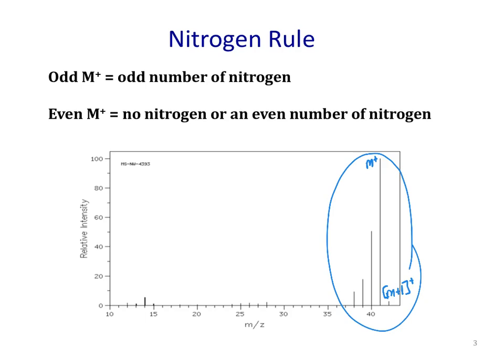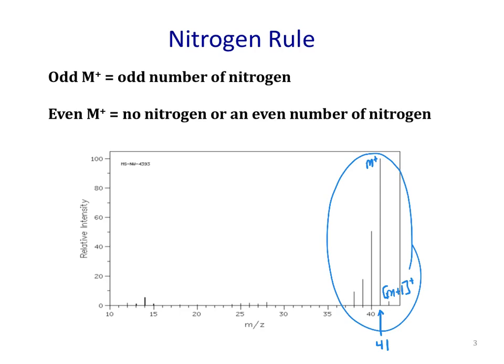Now what we can see is that the molecular ion here is at 41. So we're going to look at something called the nitrogen rule, and it's just a useful way to know if you maybe have a nitrogen in your molecule. If your M+ is an odd number, that means you have an odd number of nitrogens in the molecule.